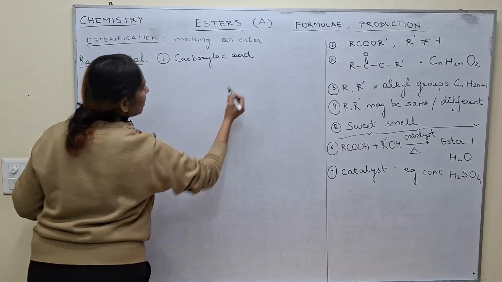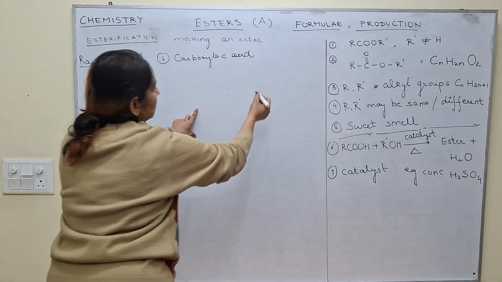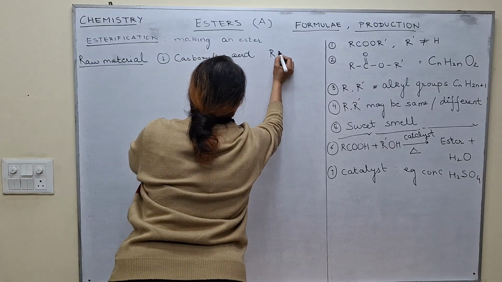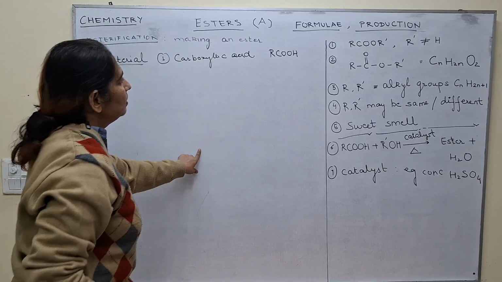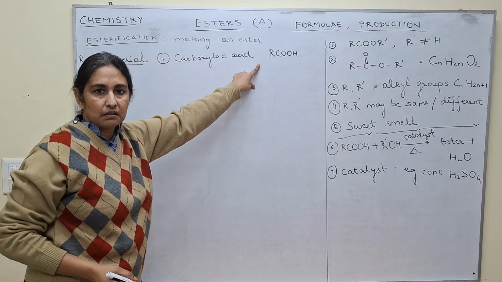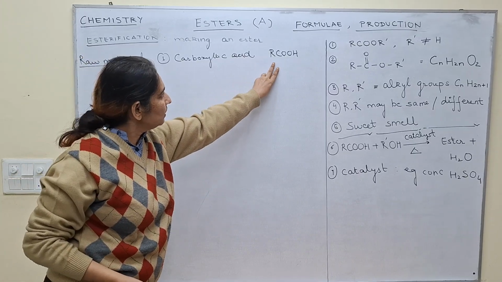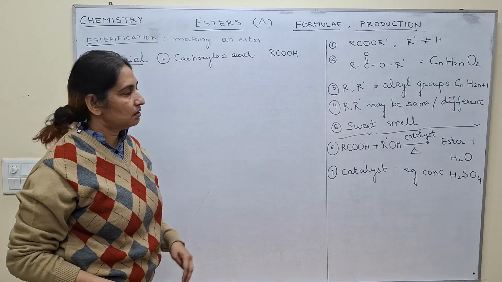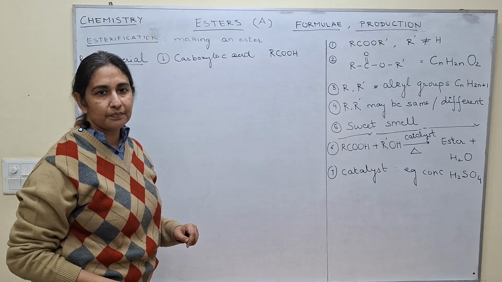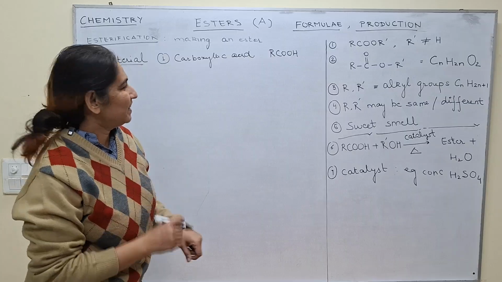What is a carboxylic acid? Something which looks like, oh, is it not an ester? It is COR. Why am I calling it carboxylic acid? It looks like an ester. Pay attention.